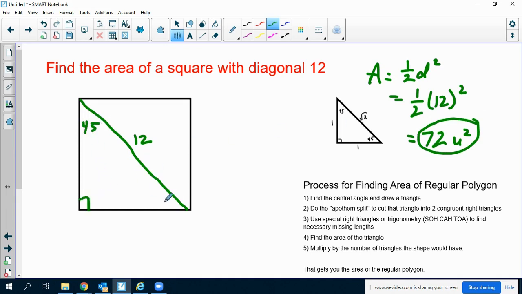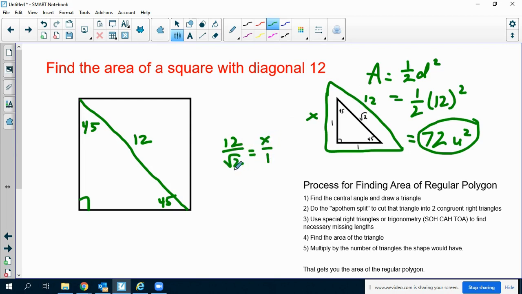I have a 45, 45, 90 triangle here. So I can draw this picture. This is 12. I can find a side length. 12 over square root of 2 equals x over 1. That ends up being 12 over square root of 2.